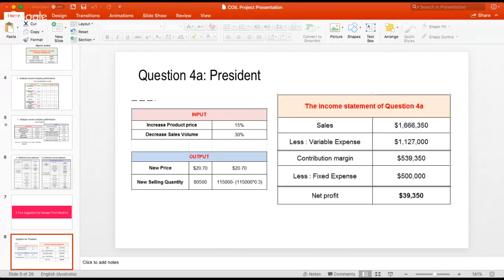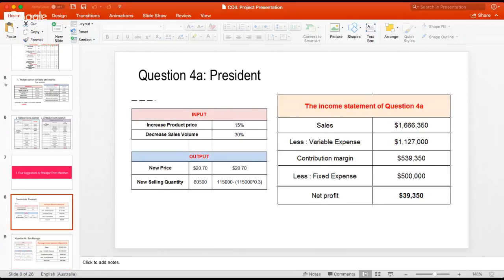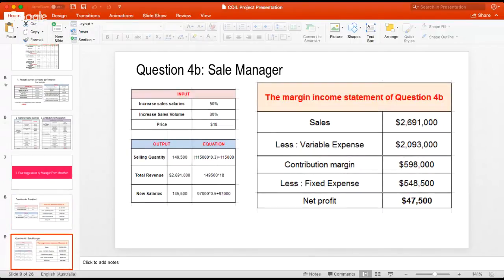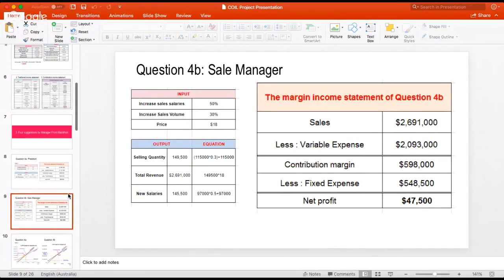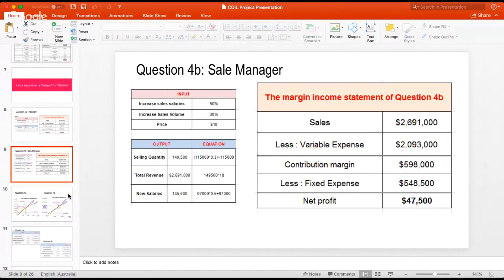As we already saw how to set up the income statement in the previous part, this is our income statement, the right table. Next slide, please. Another consideration is if the company increases the sales salary by 50% and raises the sales volume by 30%. The question is, is it better than scenario one? The answer is yes. Next slide, please.